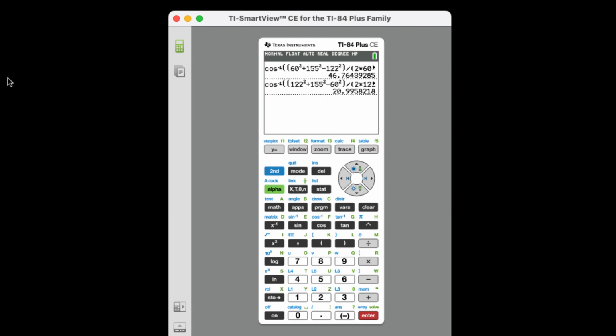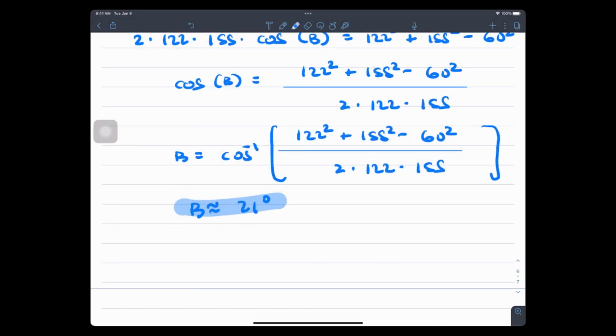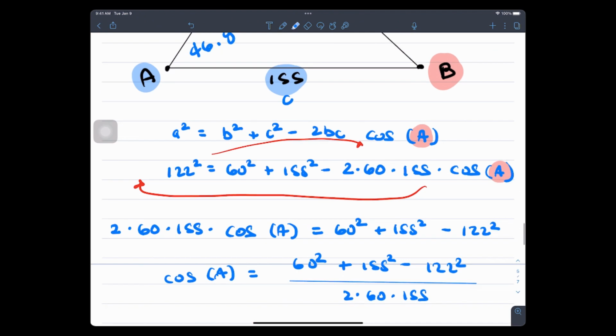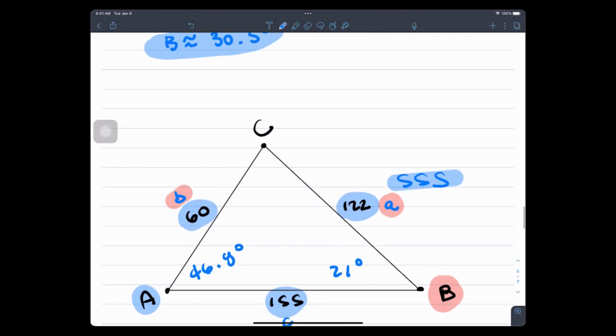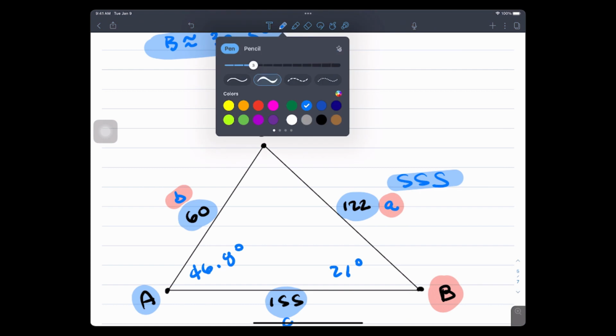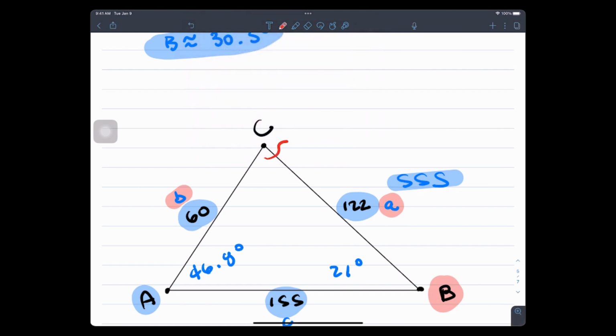So since that's 21 degrees, really to the nearest tenths, how do I get the remaining angle C now? What do we know again? The sum of the interior angles for any triangle is 180. So you can say 180 minus 46.8 degrees minus 21 degrees will give you, what does it give you?